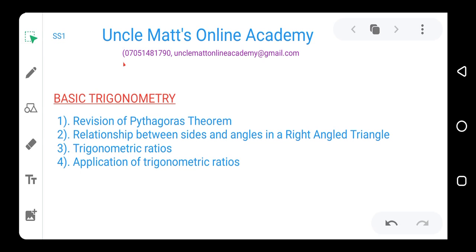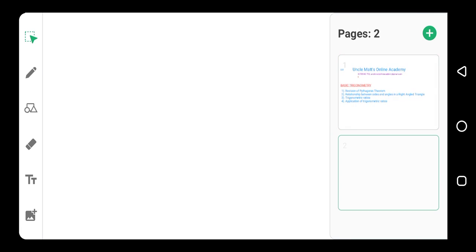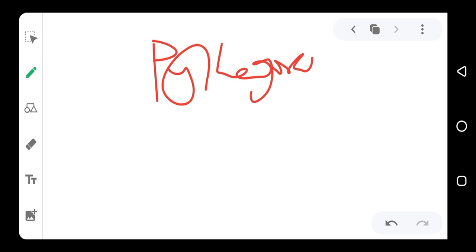Pythagoras theorem is concerned with the sides of a right-angled triangle, how to determine the sides of a right-angled triangle.